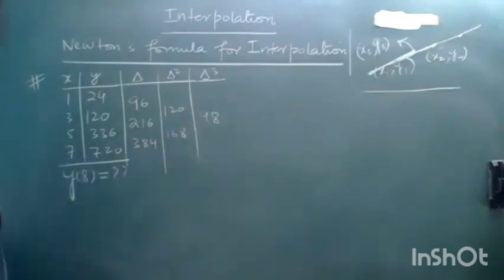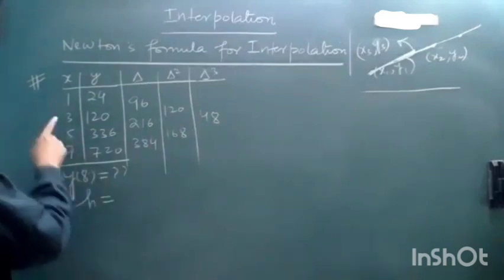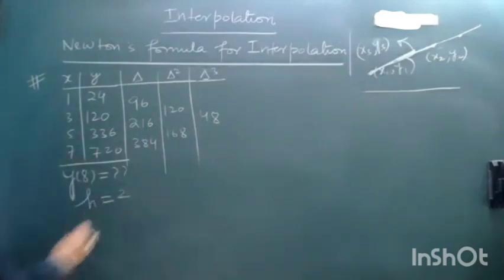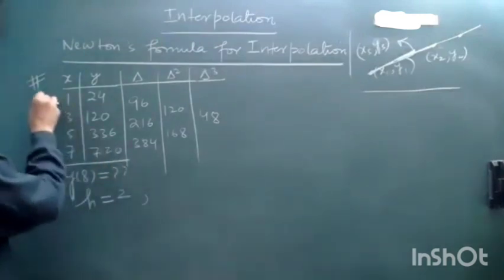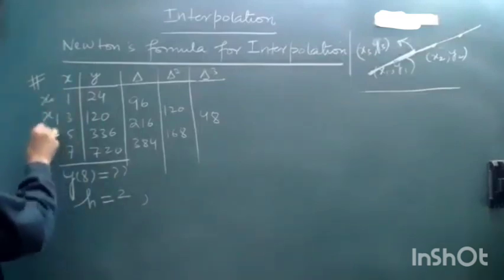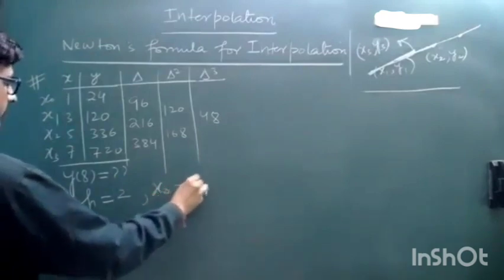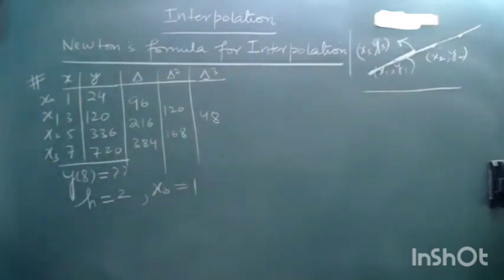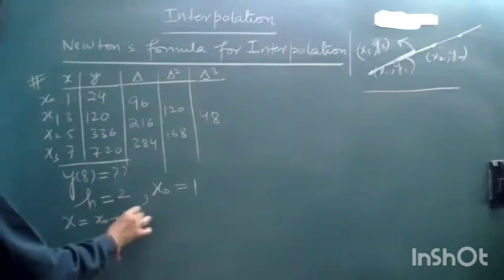It is over. Okay. What is the value of h here? You see the value of h is 2, the step size. And if you start from here, this is x0, x1, x2 and x3. So what is the value of x0? It is equal to 1. And what is the value of p? So x is equal to x0 plus ph, correct?